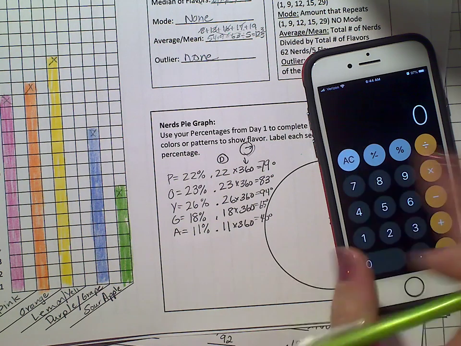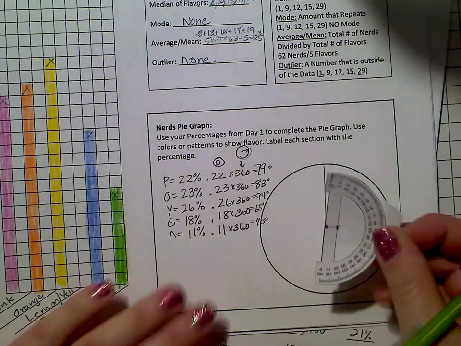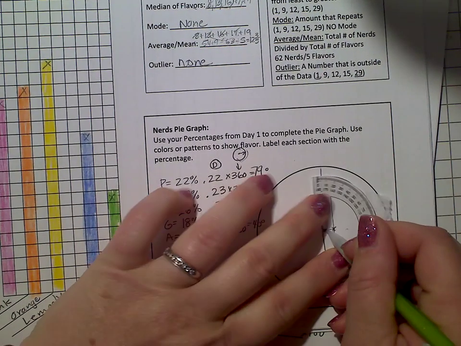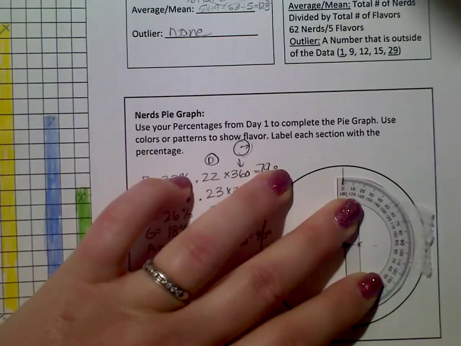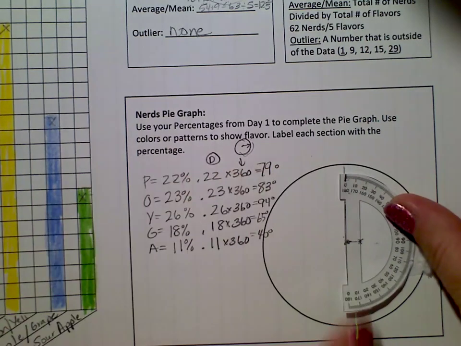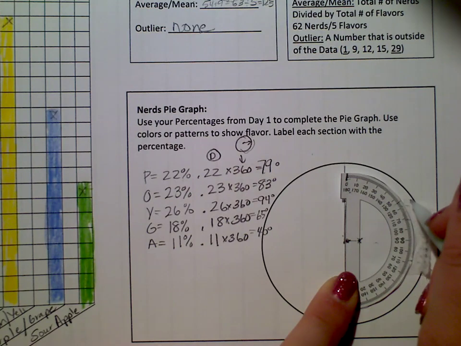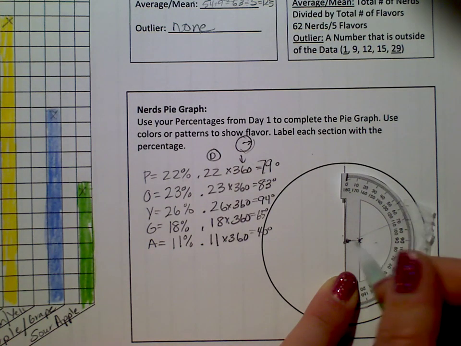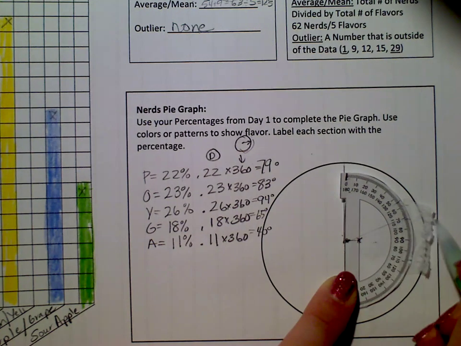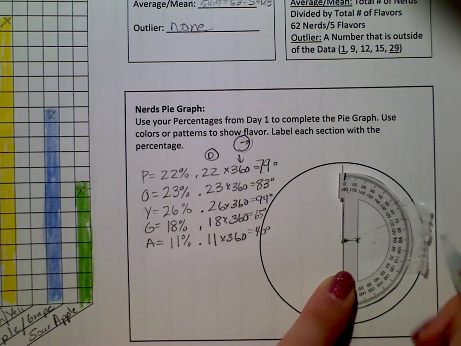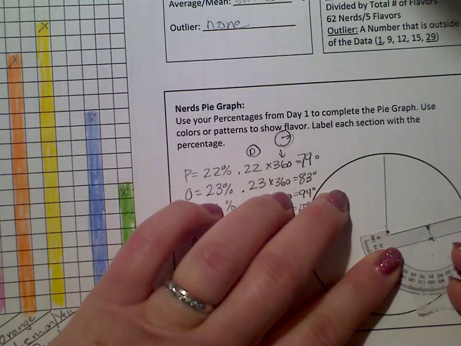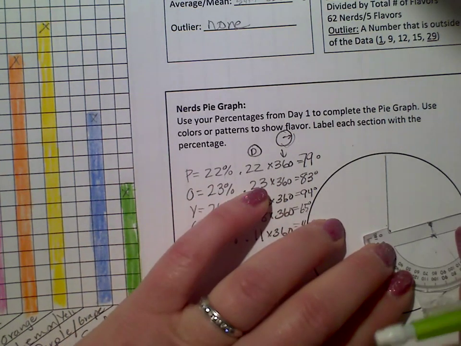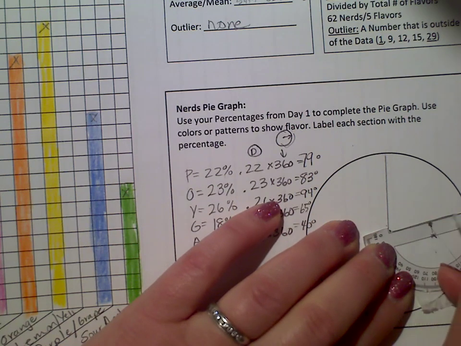All right, now you're just going to put your center point here on the center, make sure the 0 lines up with the line, and then put your mark at the right spot on the paper protractor, and I will connect these dots.